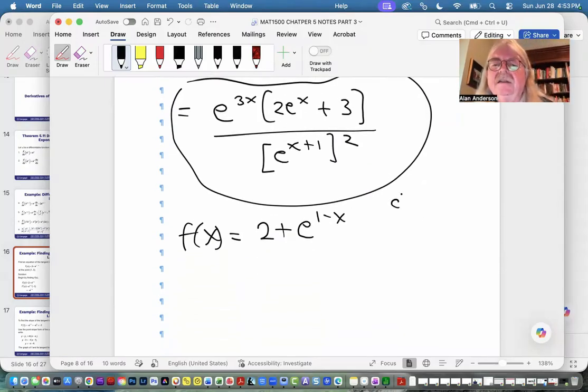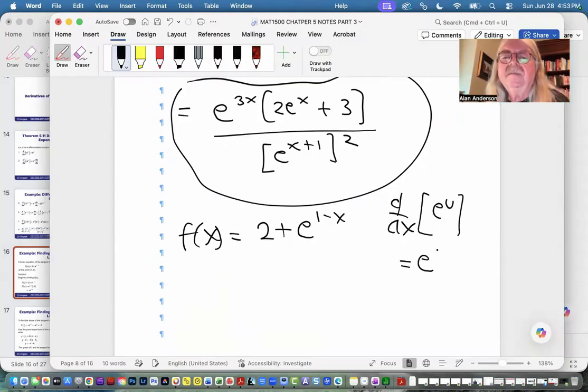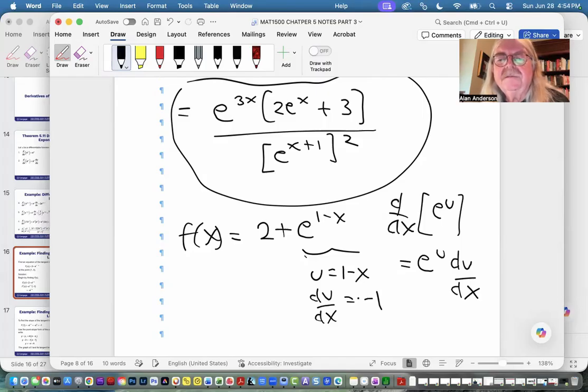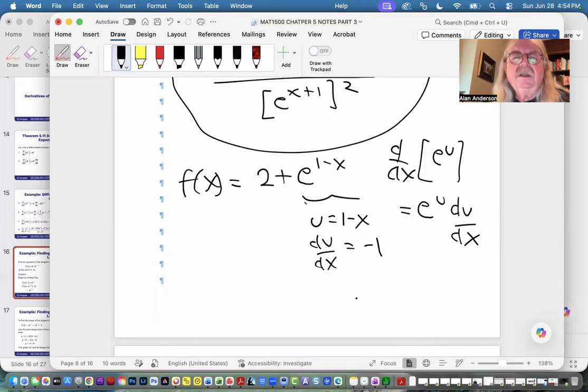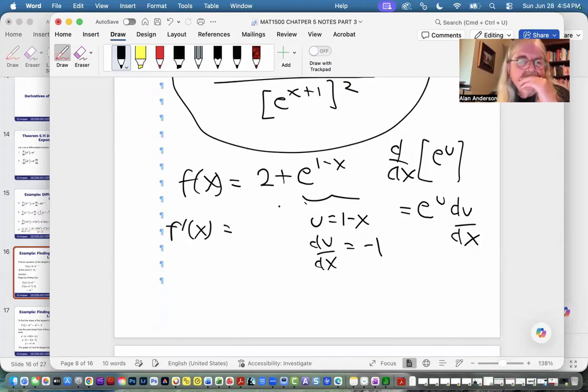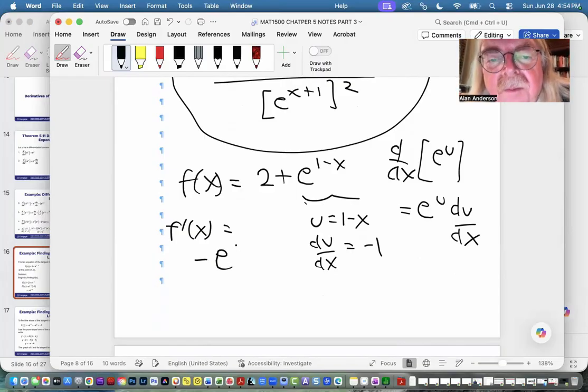Now keep in mind, for this one, if we let u be 1 minus x, du dx is minus 1. So the first one will just be 0. So all we need to deal with here is that e to the 1 minus x. So we're going to end up with minus e to the 1 minus x.